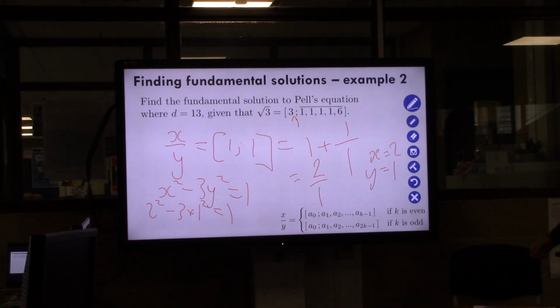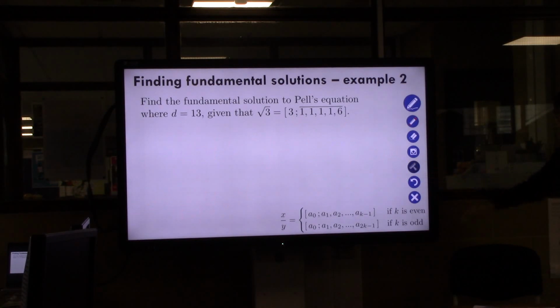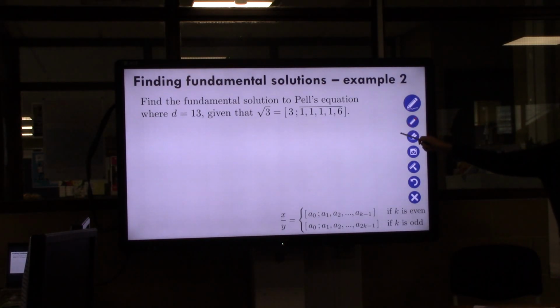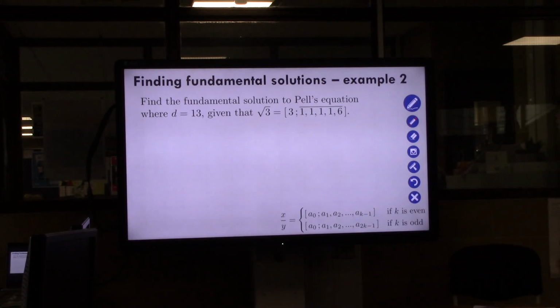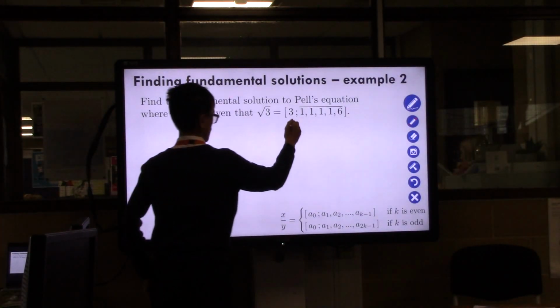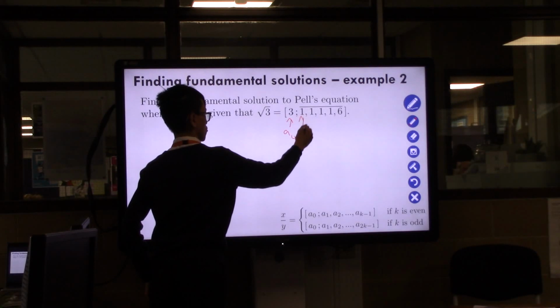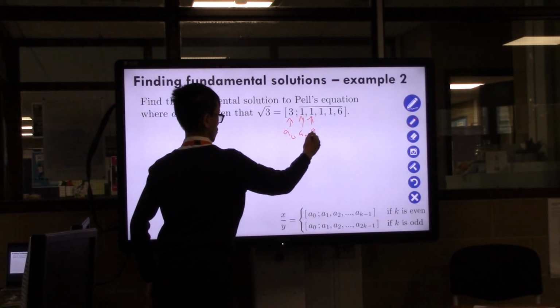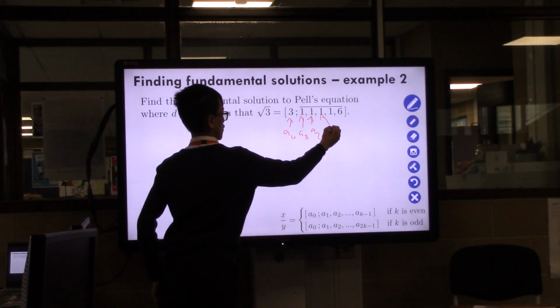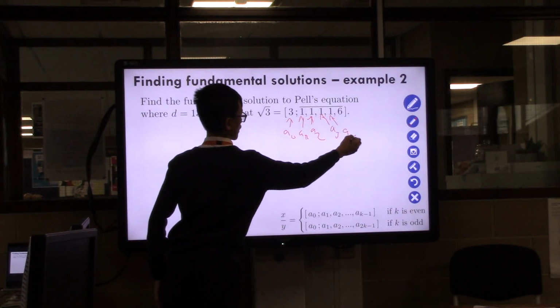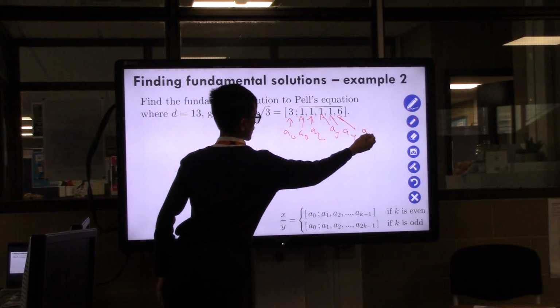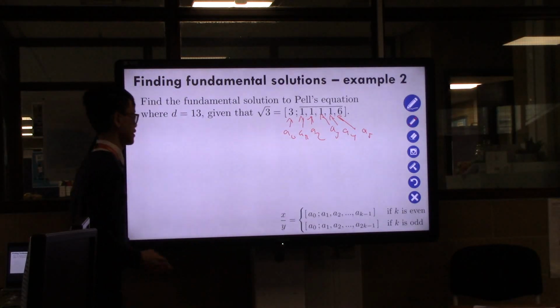One more equation, one more example. Here, d equals 13, and the continued fraction expansion is here, and we can see that this is a0, a1, a2, a3, a4, and a5. So here k is 5 and k is odd.